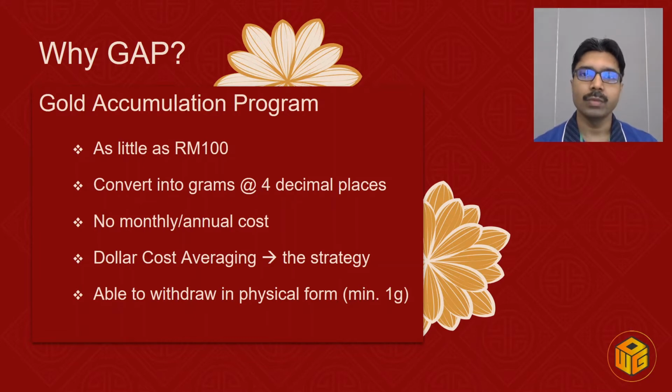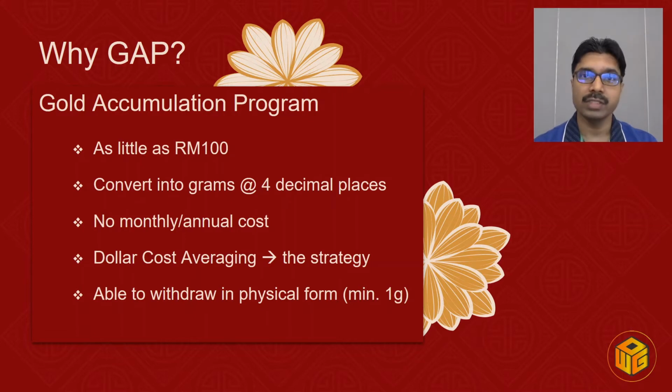So what does this mean? It means consistently depositing a consistent amount of money, let's say 100 ringgit, month after month. Every month when you deposit this amount, it gets converted into grams, and these grams will be kept in your account until you decide to sell them back to Public Gold.